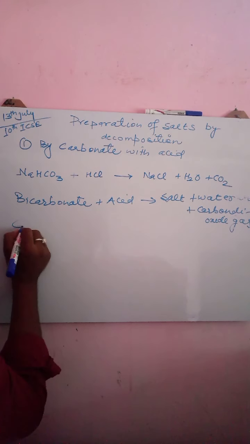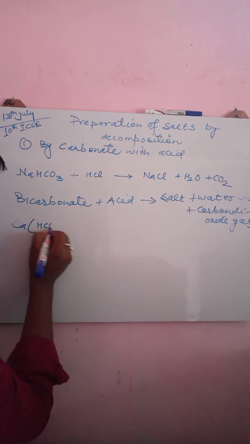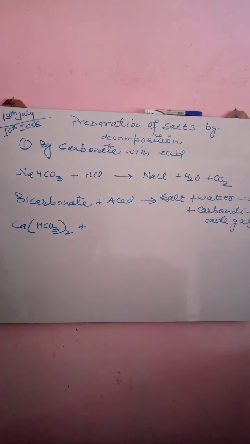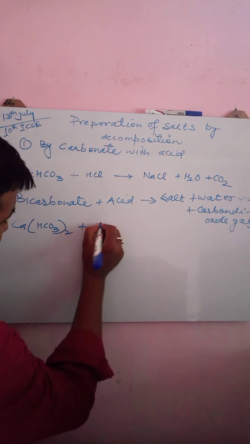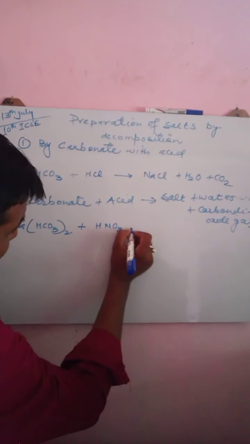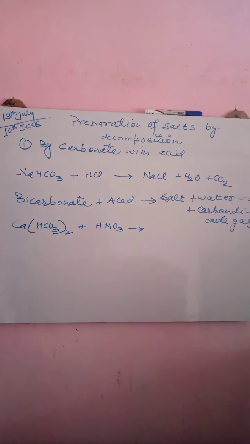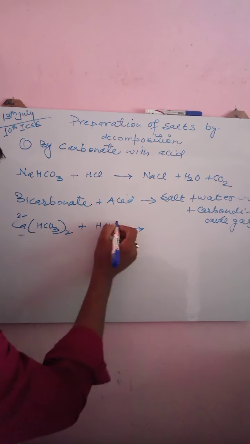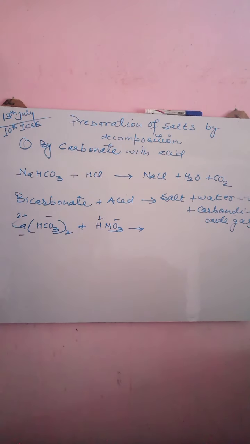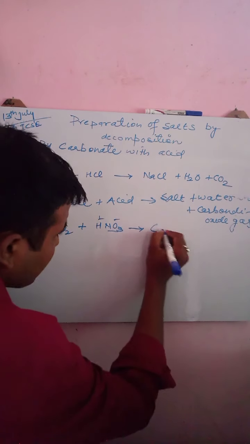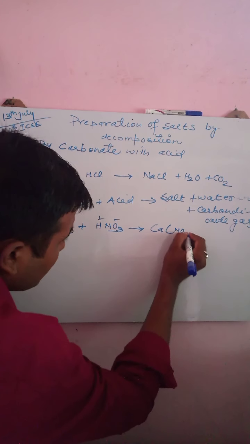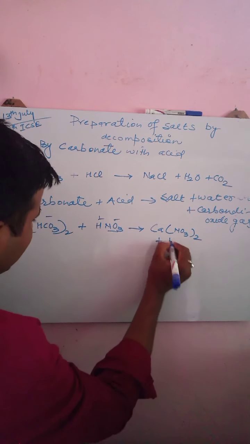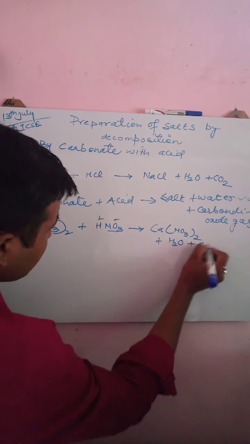Calcium bicarbonate, Ca(HCO3)2. When calcium bicarbonate reacts with nitric acid, it forms calcium nitrate, Ca(NO3)2, plus water molecule plus CO2.